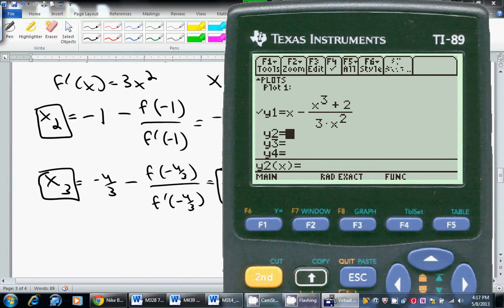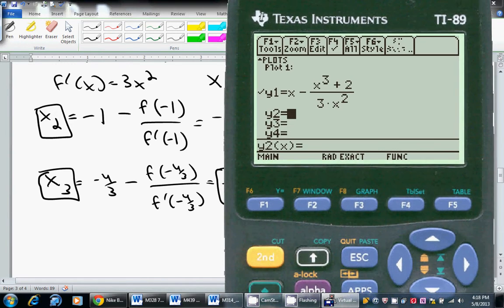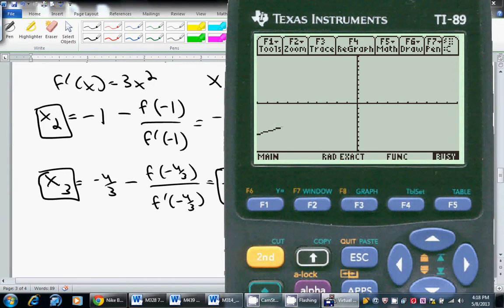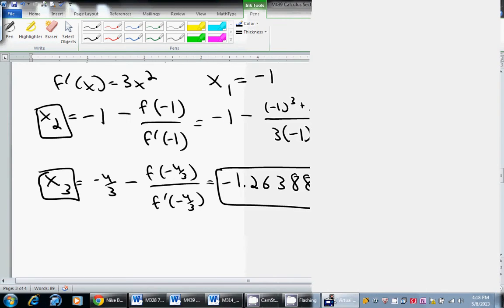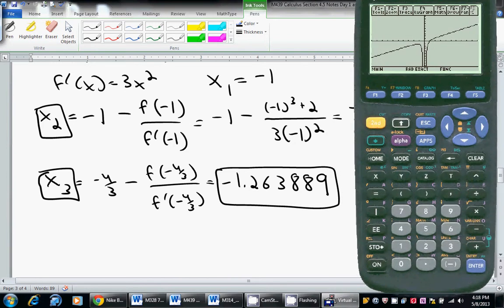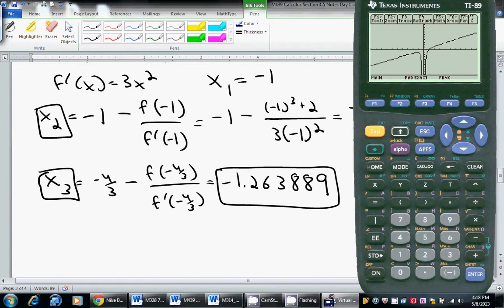So, I'm going to go ahead and graph this. Zoom 6. So that's what it should look like. And let me zoom back out here. Okay.